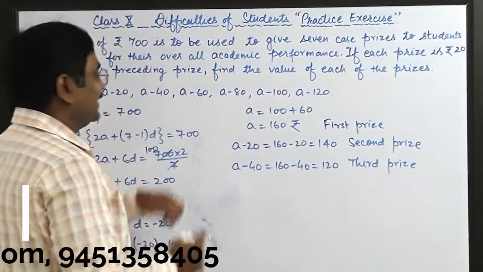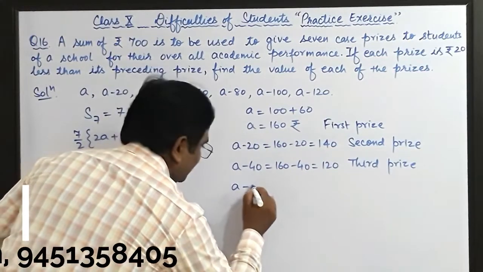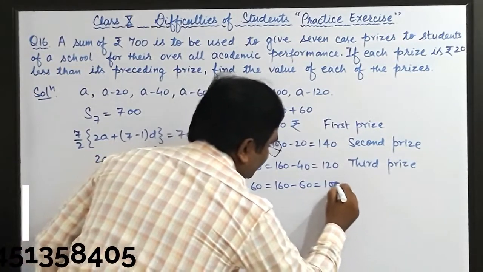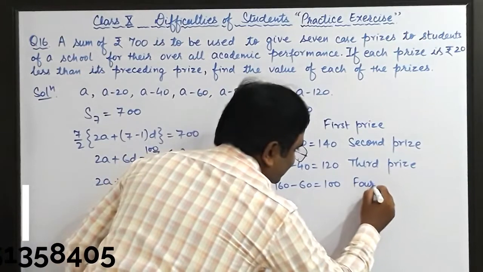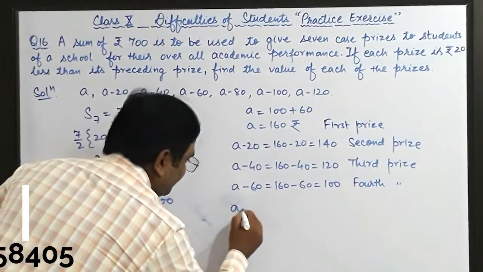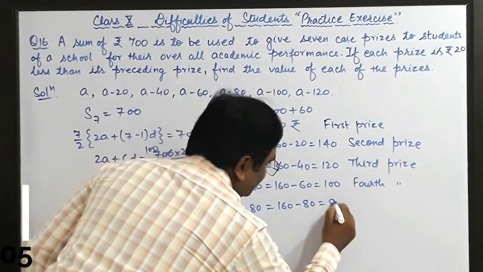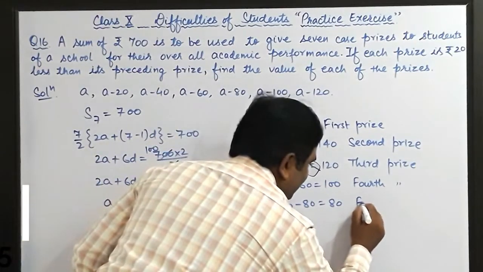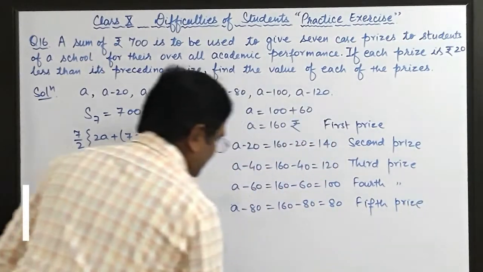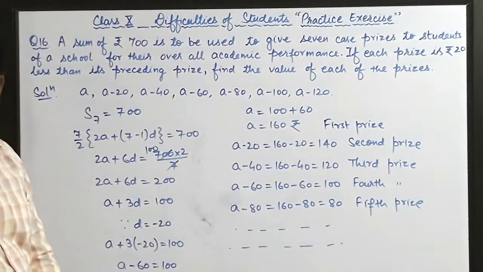Similarly we can get all the prizes. Fourth prize is A minus 60. Therefore 160 minus 60 is 100 rupees, which is the fourth prize, right? Fifth prize is A minus 80, means 160 minus 80 equals to 80, that is the fifth prize. Similarly we can get the sixth and seventh prize easily, right?